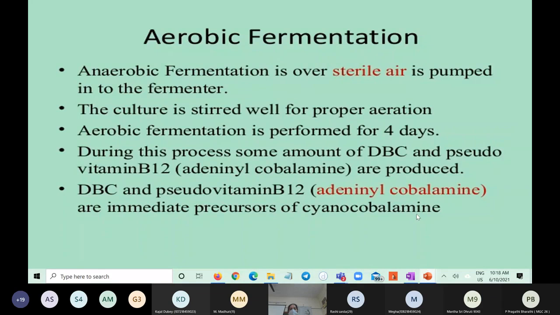So now we have got our precursors in aerobic fermentation. Now we need to take out our product from these precursors. Now we will see what we have to do.